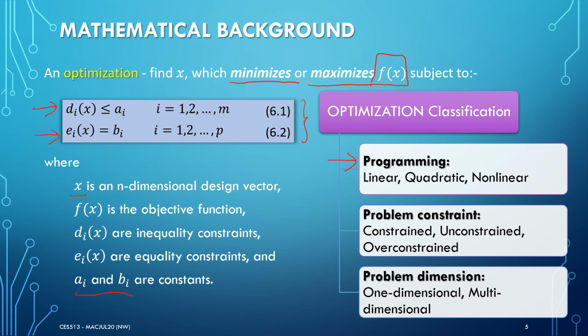The other type of classification is based on the problem constraints. If equations 6.1 and 6.2 are included in the problem, that means it is a constrained problem. The other problems we can see are unconstrained and overconstrained problems.